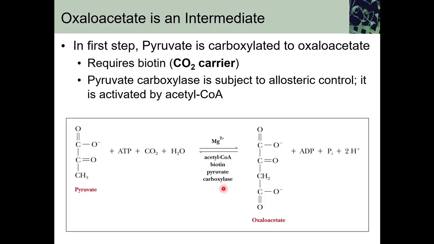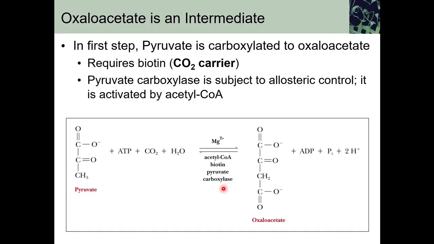Now, at this point, what I need you to know is that when you have a lot of acetyl-CoA, that means that you have a lot of pyruvate, which means that you have a lot of glucose, in the sense that acetyl-CoA comes from pyruvate, which in turn comes from the oxidation of glucose.